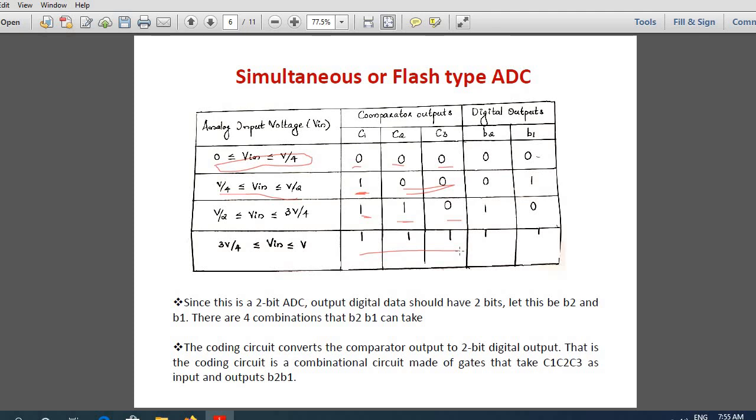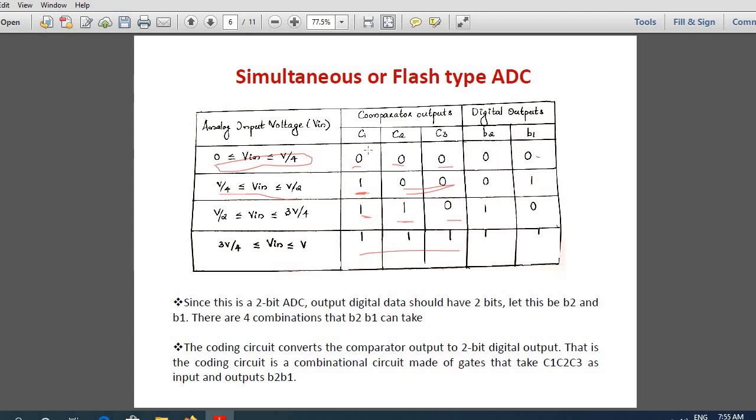Now, you have 4 cases. You have a voltage divider circuit with 4 resistances. You have 4 voltage ranges like this, and you get 4 sets of comparator outputs. Now what you need to do is use a suitable circuit to convert this data. Digital output required is B2, B1.